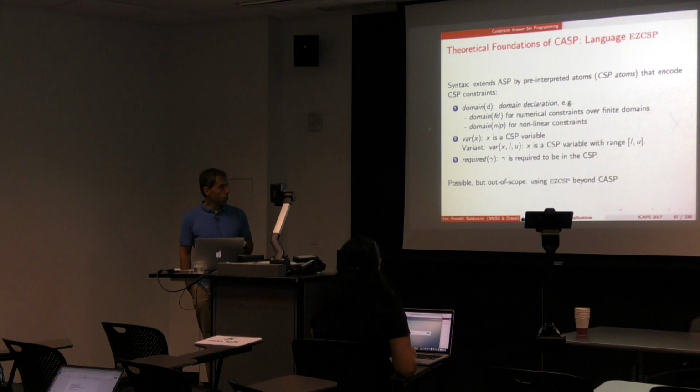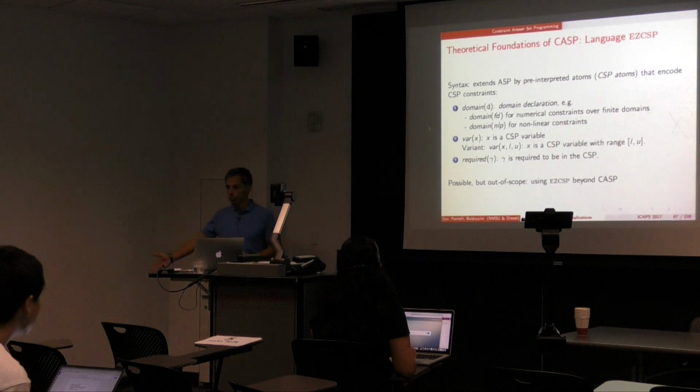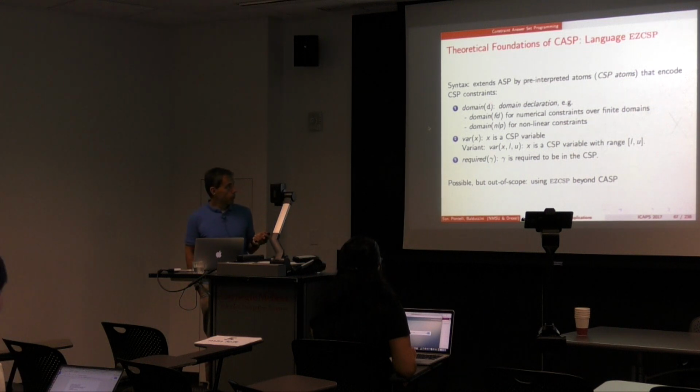The domain relation tells us that the argument D is the domain of the CSP. So Enrico earlier was talking about FD, finite domains, or reals. In CASP, we're going to talk about domain FD, and domain NLP, NLP for nonlinear programming, nonlinear constraints, and FD for finite domains.